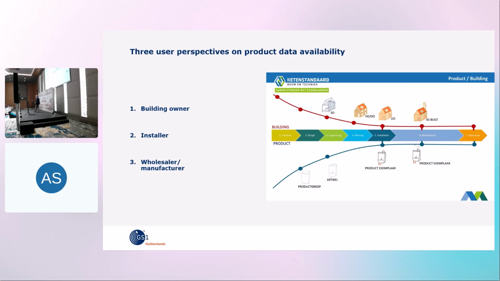Manufacturers, however, will be on the bottom side of the graph, where they create products that have to comply with the request of the design. We took 3 perspectives: the building owner, the installer, and the wholesaler or manufacturer. I'm going through it quite quickly, so pay attention.